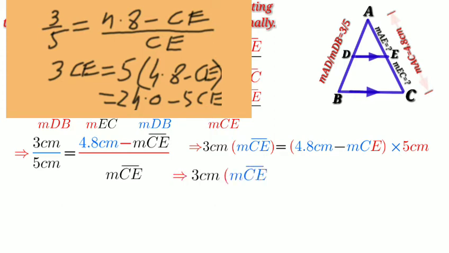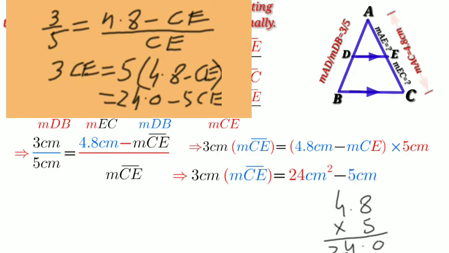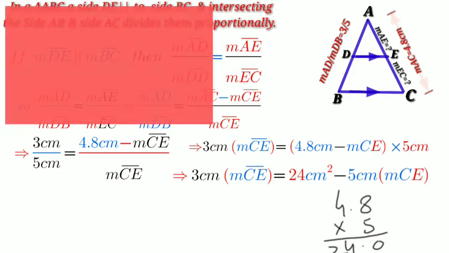by cross multiplication, multiplying side CE by 3 centimeter and multiplying 5 centimeter by 4.8 centimeter minus side CE. On multiplying 5 centimeter by 4.8 centimeter, it will become 24 square centimeter.